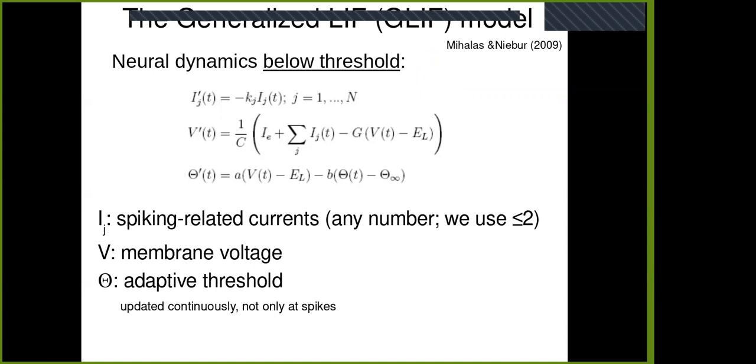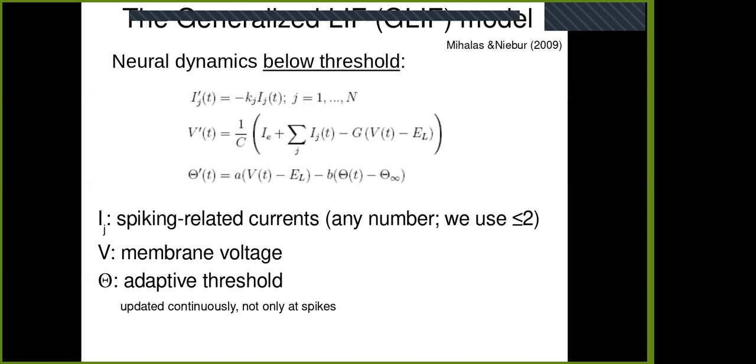Importantly, this is where a good part of the complexity is, because these will be updated at every spike, and I'll talk about it on the next slide, because this is only the neuron dynamics below threshold. But something happens to these currents when the spike occurs, but their dynamics is as simple as it goes, simply exponential decay.